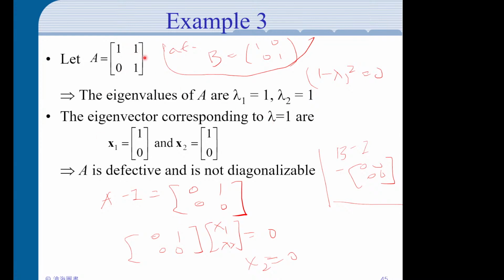If you solve for the null space, you find out that the only linearly independent eigenvector is (1, 0). So we can have a defective matrix, and it's not diagonalizable.